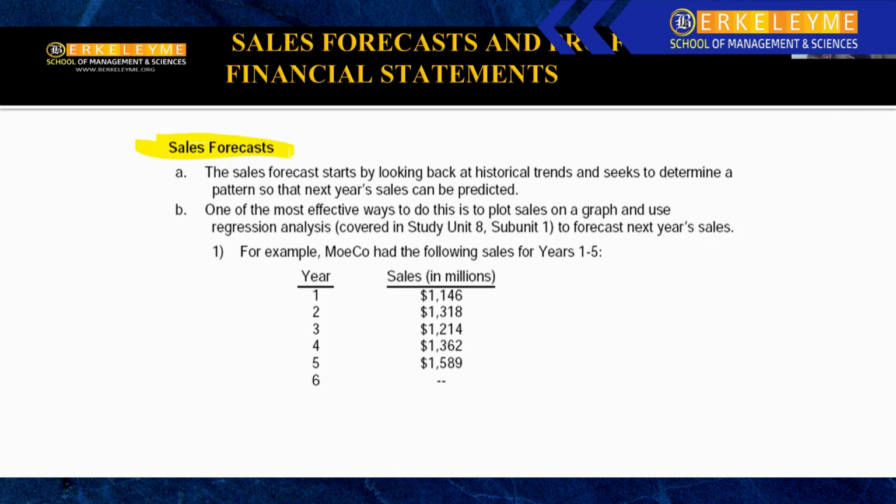So the first thing that we have is the sale forecast. How we do forecasting depends on different methodologies, math, and assumptions. For example, start by looking back at historical trends. Sometimes you see what the past trend is, and based on that you predict.